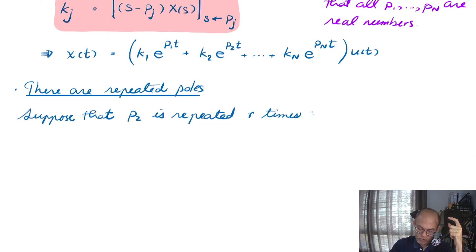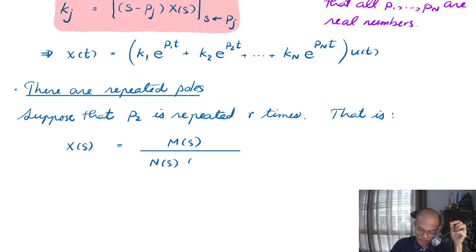When P2 is repeated r times, then we can write X(s), for example, as X(s) equal to some polynomial M(s) divided by some polynomial N(s), and then (s minus p2) to the r.